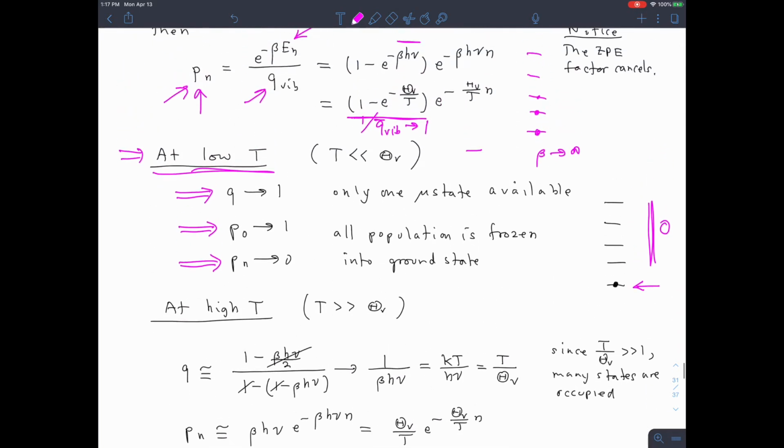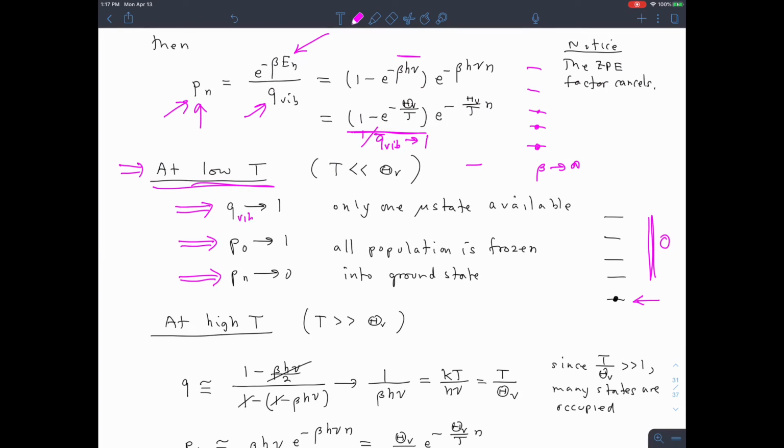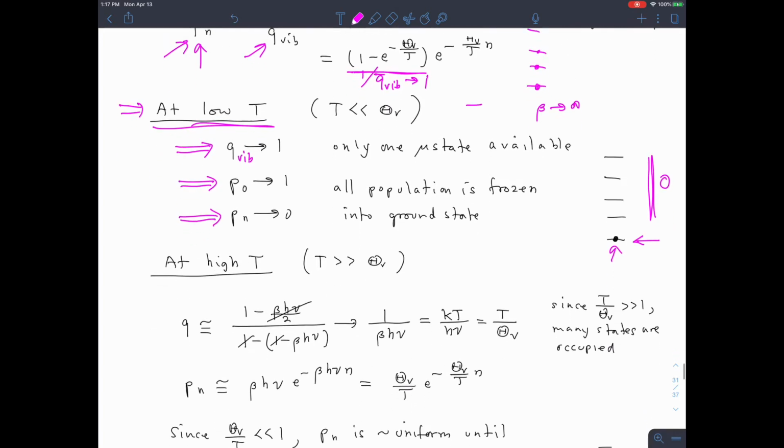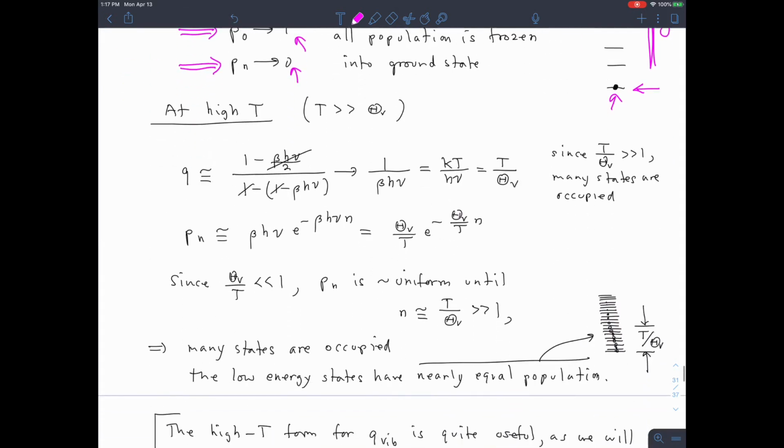All right, so the vibrational partition function goes to 1 as T goes to 0. That means one state is available, and only one state is available at low temperature. The probability of the ground state goes to 1. Probability of everything else goes to 0.